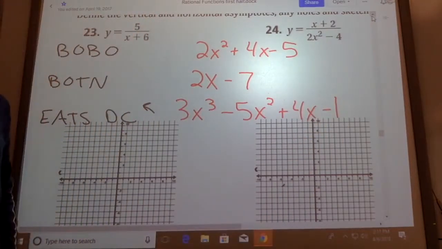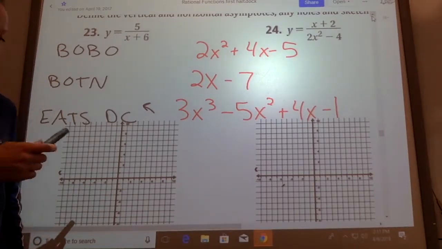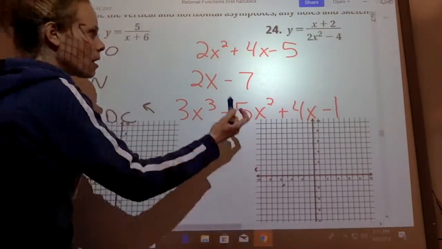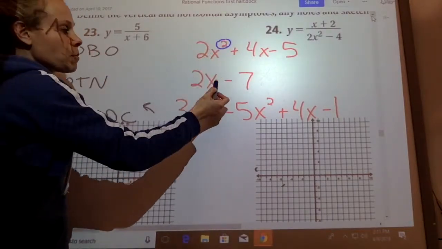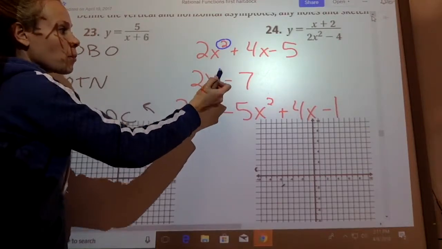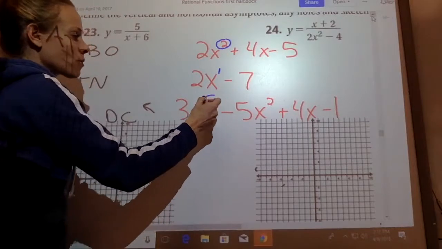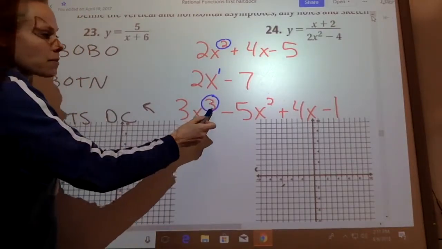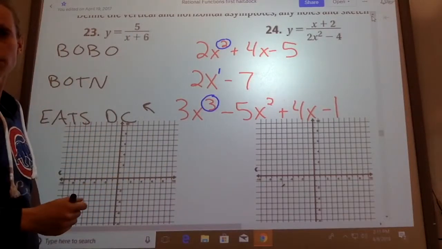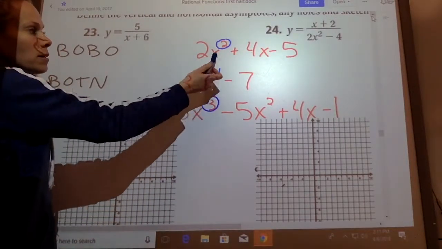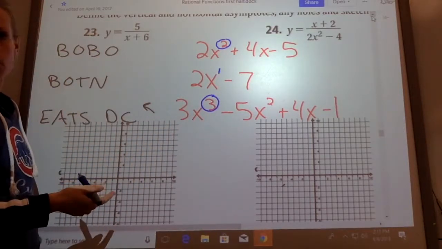The degree of a polynomial is the highest power in that polynomial. So the degree of this polynomial is 2, this one is 1, and this one is 3. That's why we say this is cubic, this is quadratic, this is linear, because the degree names the polynomial.